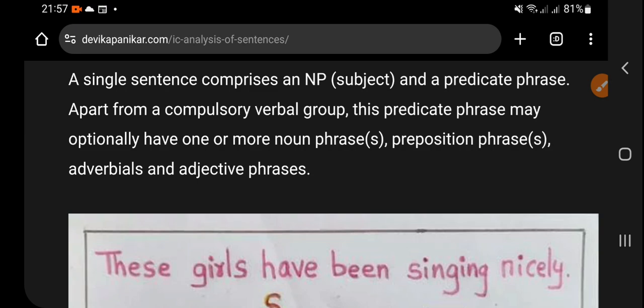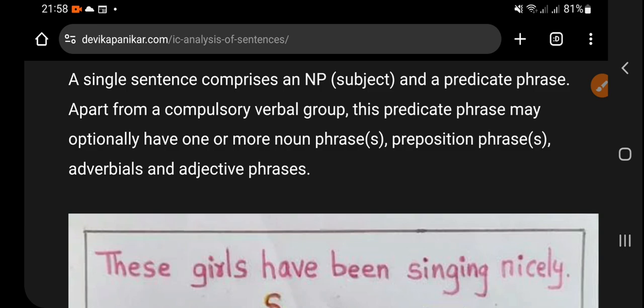But here please be ready, because there are some contradictions. If a verb is not in a phrase, then what is a verb phrase? We are going to discuss it. But yes, listen carefully, a single sentence comprises a noun phrase, which is called the subject, and a predicate phrase.